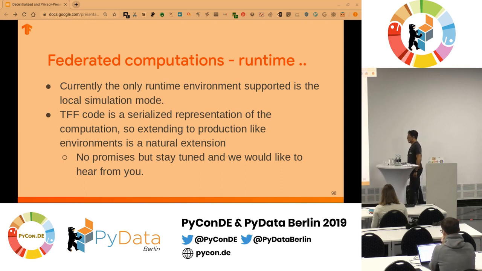We would like to hear from you if you think it blocks adoption, or if it's something that you think we absolutely need. We would like your contributions, and like I mentioned, architecturally, it's aligned with adding production-like environment support.